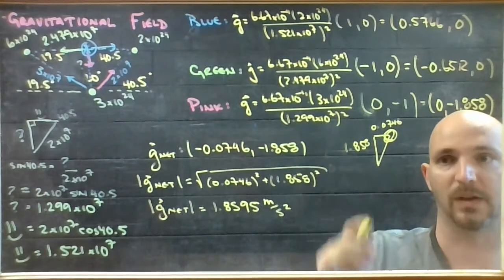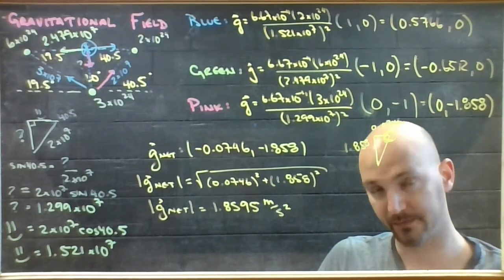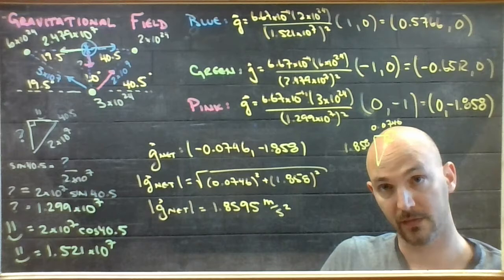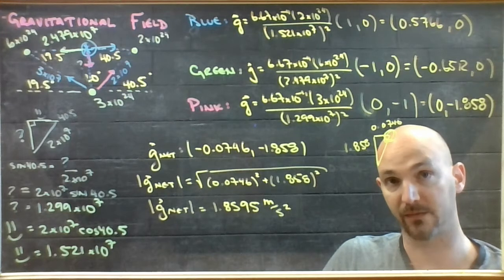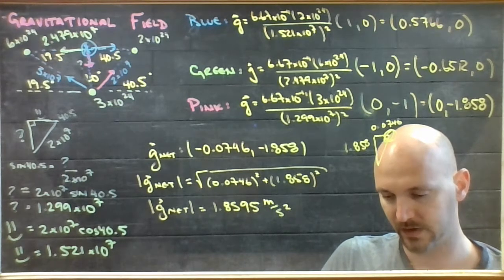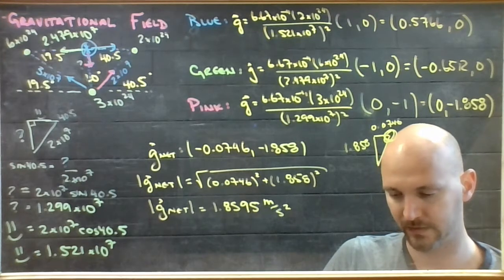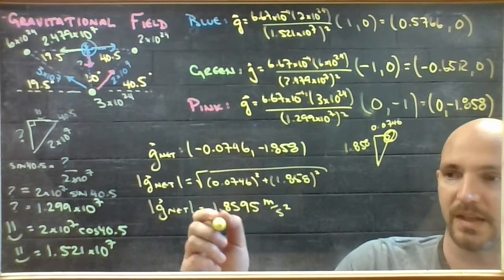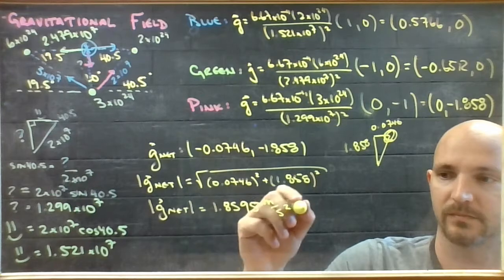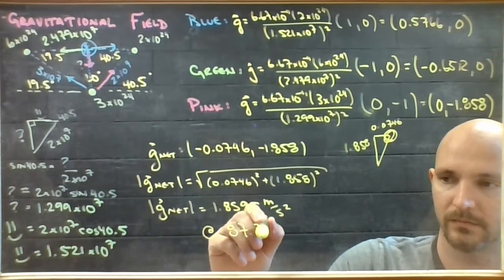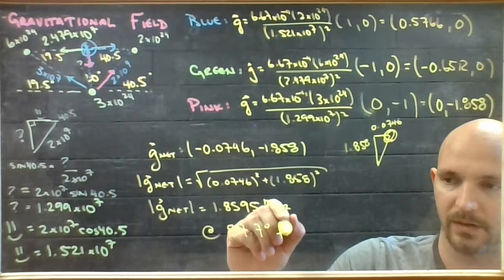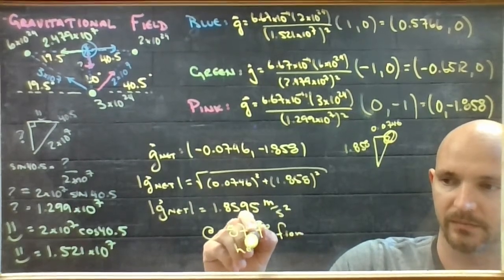So I'm going to have to do arctan. 1.858 divided by 0.0746 equals, and then arctan that answer gives me 87.7 degrees from horizontal.